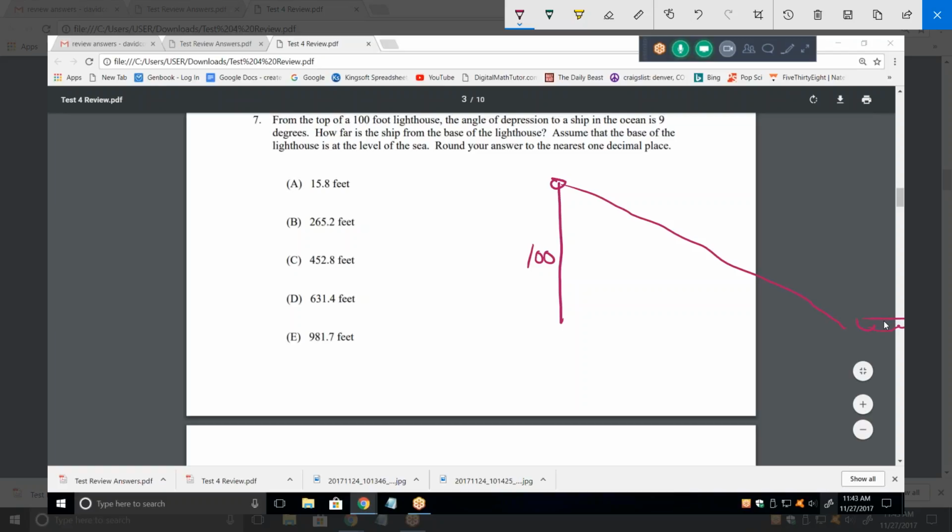And which angle is 9 degrees? The 1 or 2? I think the 1. Yes. That is what is 9 degrees.